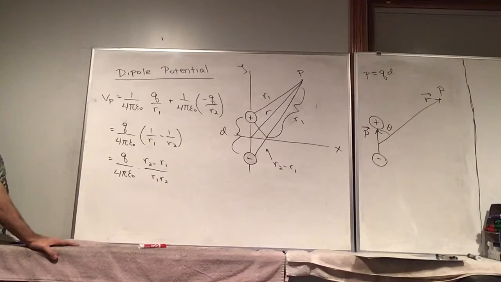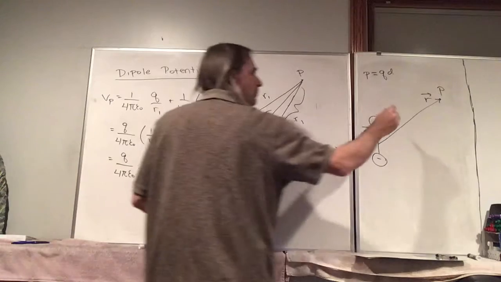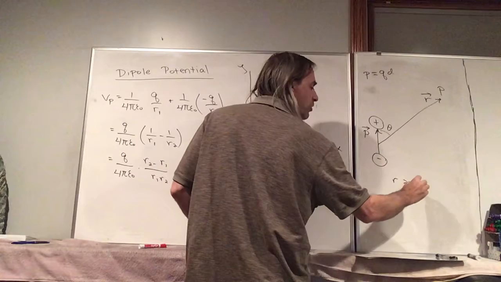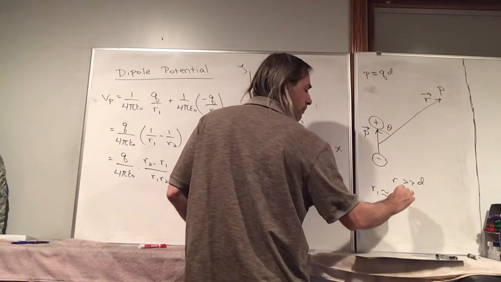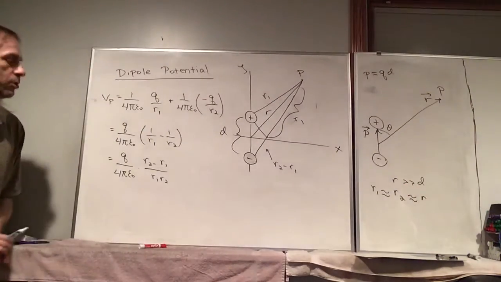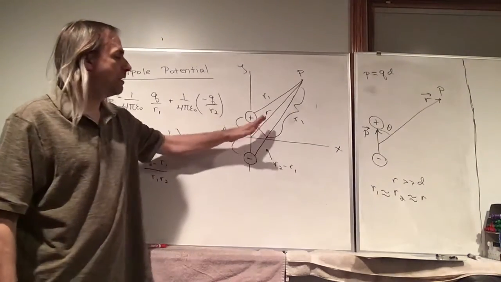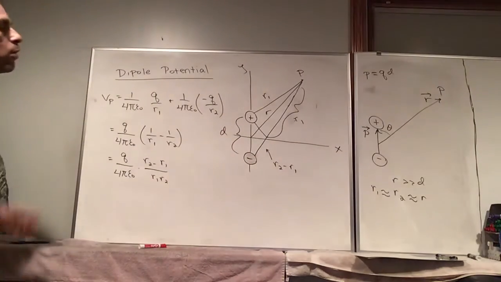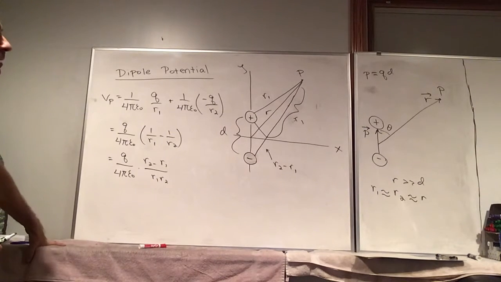Now, in this approximation, r is much, much greater than d. We can say r1 and r2 are approximately equal to r. The difference between r and r1 or r2 is too small for us to worry about. That's one approximation we can make.